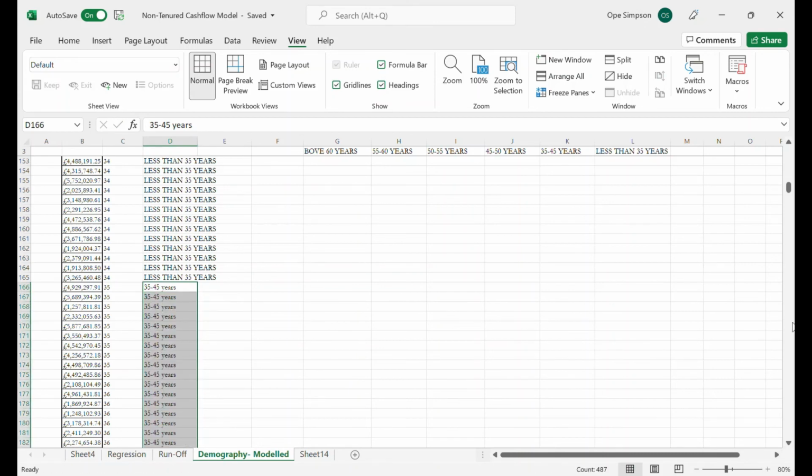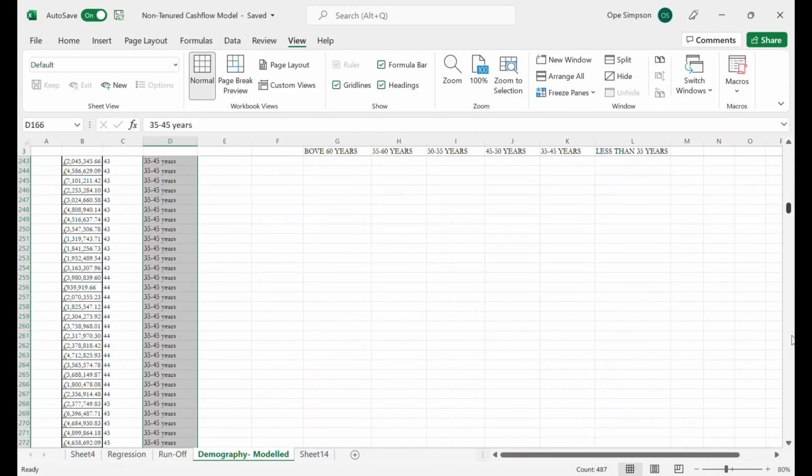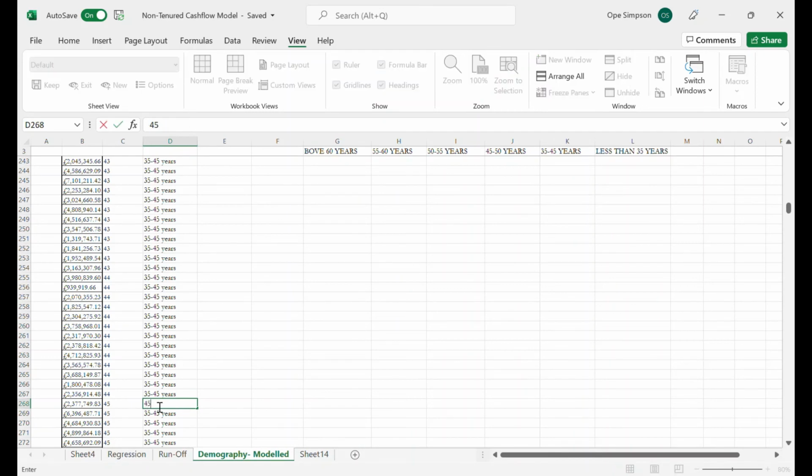Then we look for individuals 46 to... once they're 46, let's take this from 46 instead.